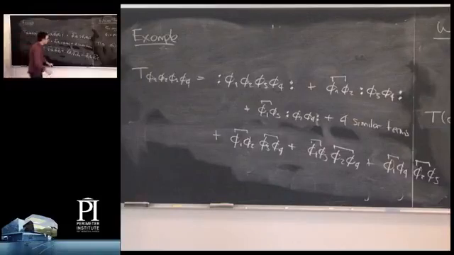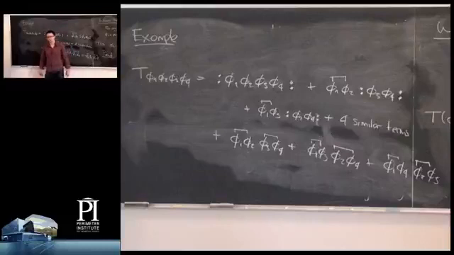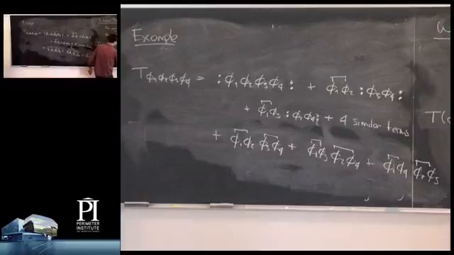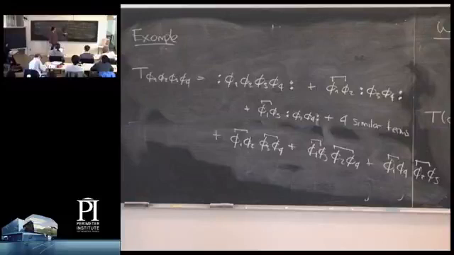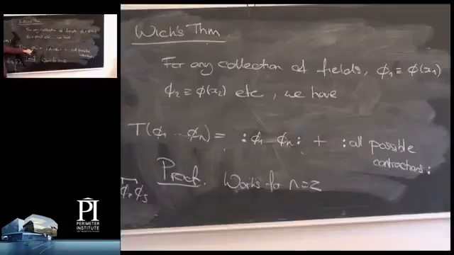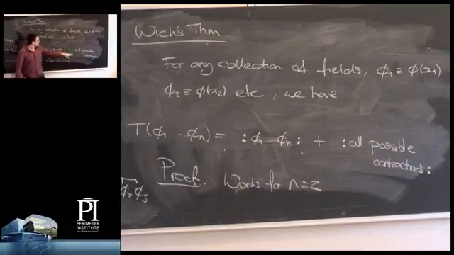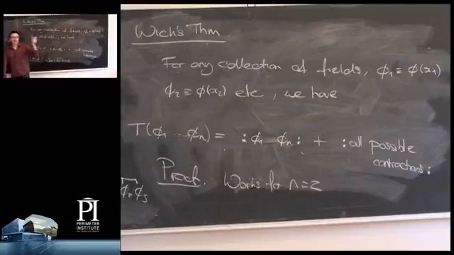Okay, proof. I'm not going to give you the whole proof because the statement of the theorem is quite dull, but the proof is really dull. The proof is the following, that it works for n equals 2, meaning when I have 2 operators here, and that's what we just showed earlier in this lecture, the difference between the time-ordered product of 2 operators and the normal-ordered product of 2 operators is the contraction between those 2 operators, which is the Feynman propagator.